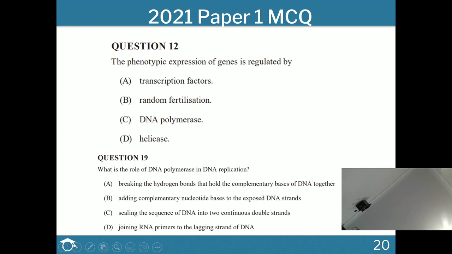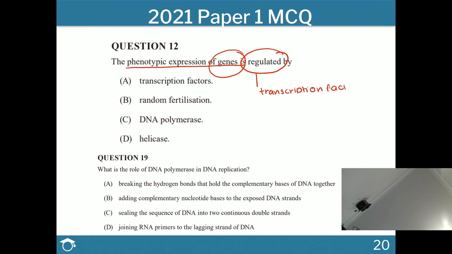Next, we have: phenotypic expression of genes is regulated by what? Now, whenever you see regulation and genes being used, you have to think of transcription factors immediately. So remember, some transcription factors will upregulate or stimulate a gene, and other transcription factors will downregulate.